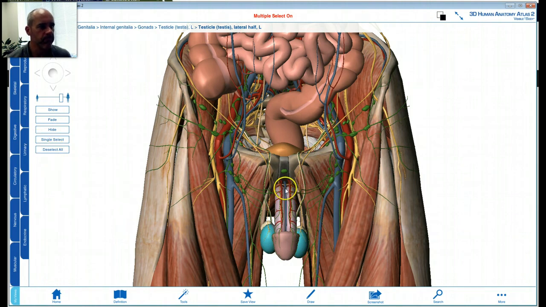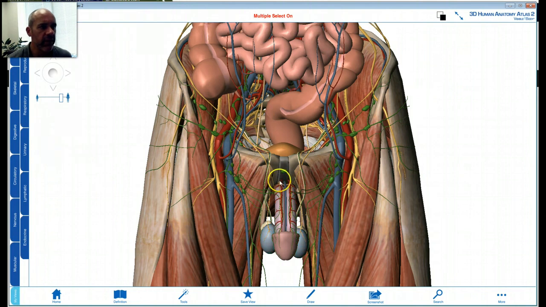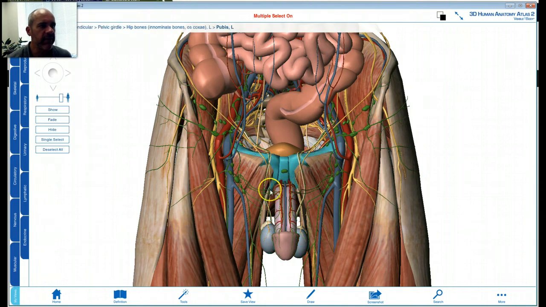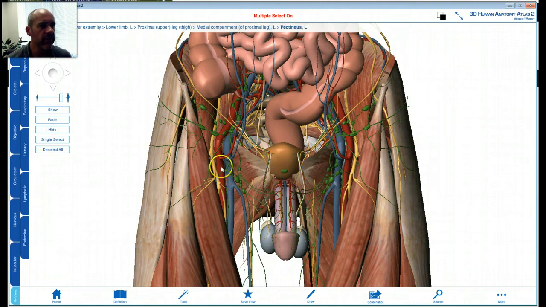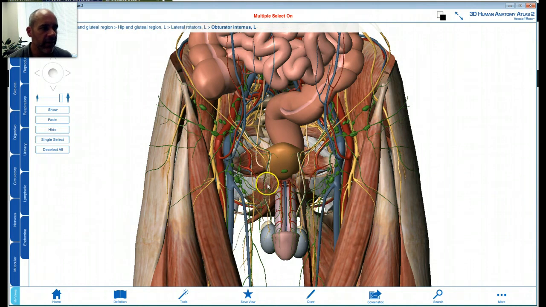Let me deselect those. And let me hide some things here. Let's strip away some of our muscle here so we can see what's going on inside. I will try not to dissect off the bladder.